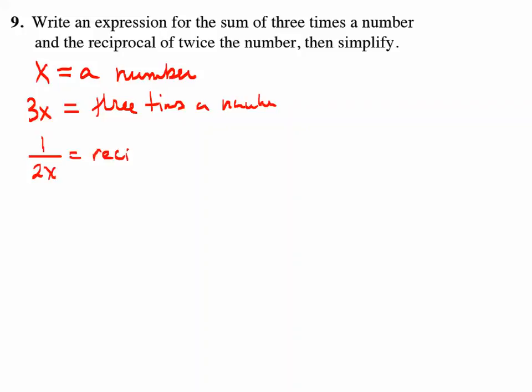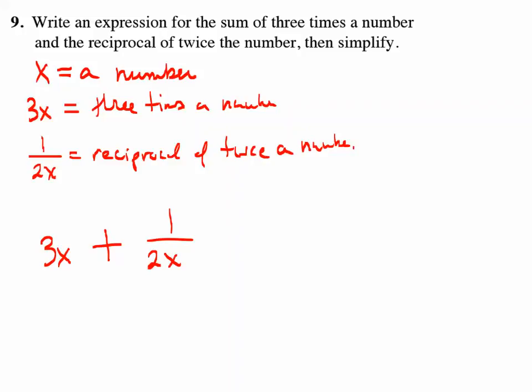That means the reciprocal of twice the number. Okay, so write an expression for the sum of 3 times the number and the reciprocal of twice the number. Hey, that's easy. I'm going to write a plus sign, and all I'm adding is the 3x on one side and the 1 over 2x on the other. That's about it.